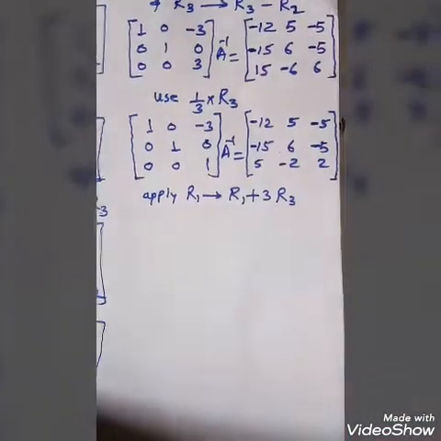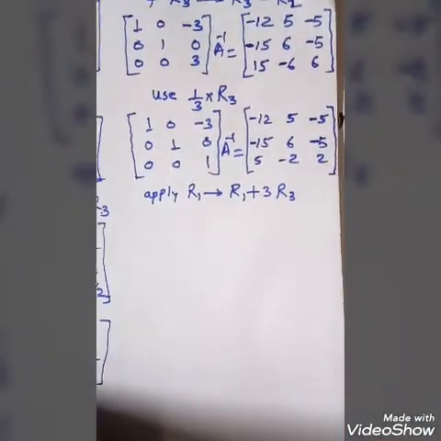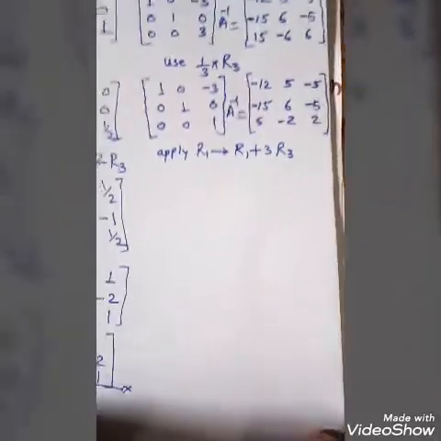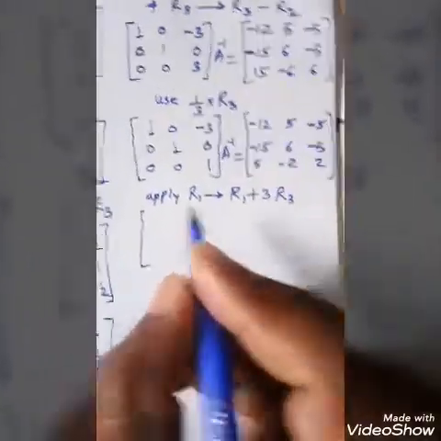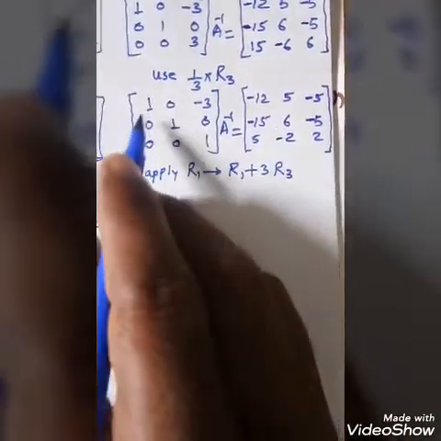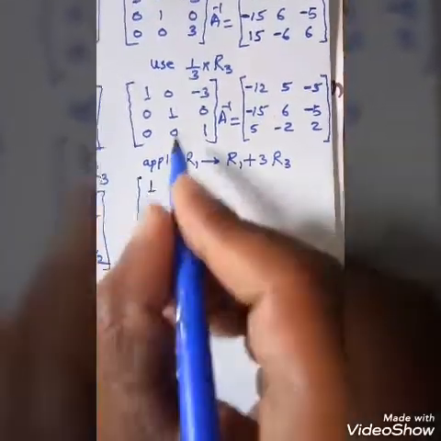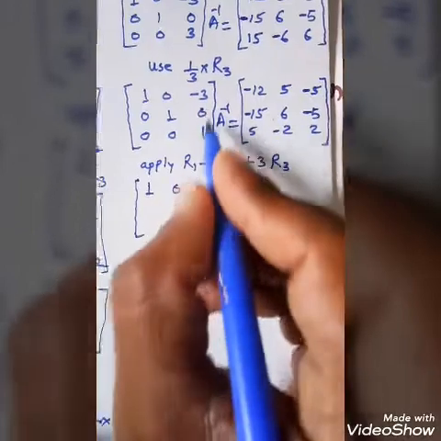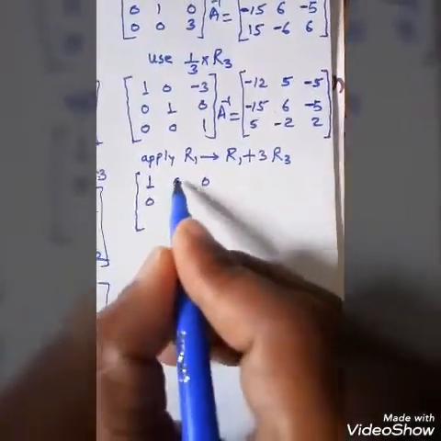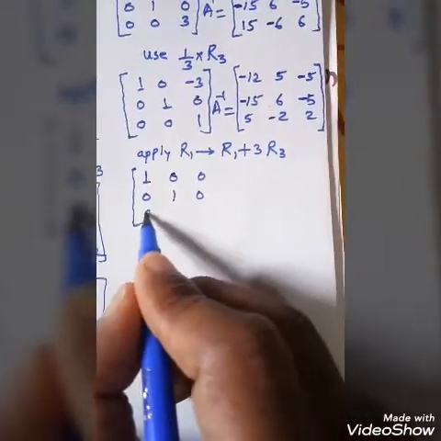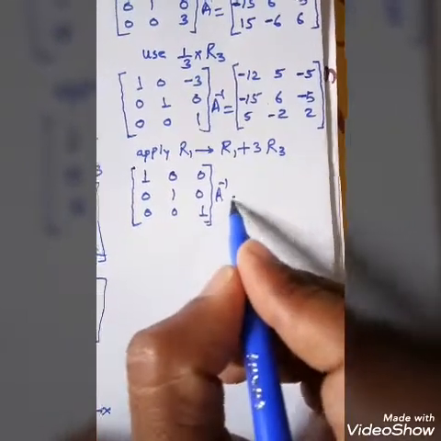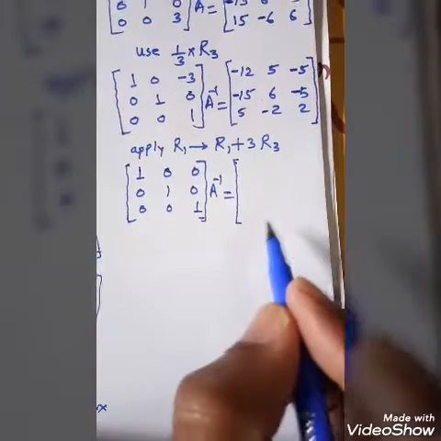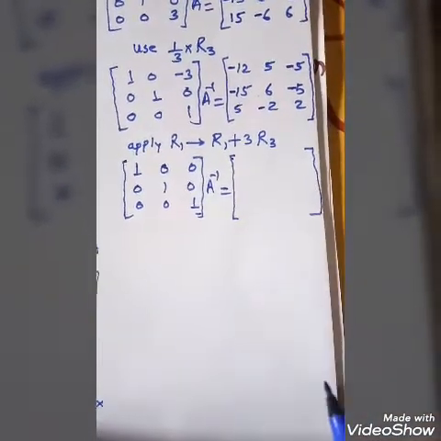If we multiply R3 by 3 and add it, the answer will be 0. Right. So we perform this operation here. Matrix: first row operation 1 plus 0 is 1, 0 plus 0 is 0, minus 3 plus 3 is 0, which means our left hand side matrix A is converted into identity matrix. The same operation is applied on the right hand side.